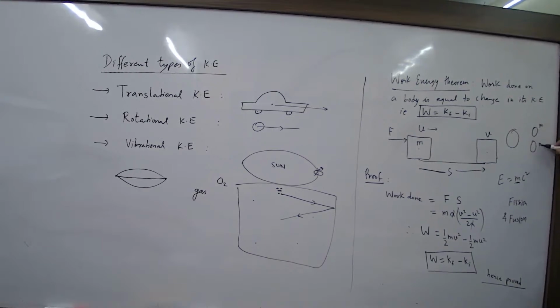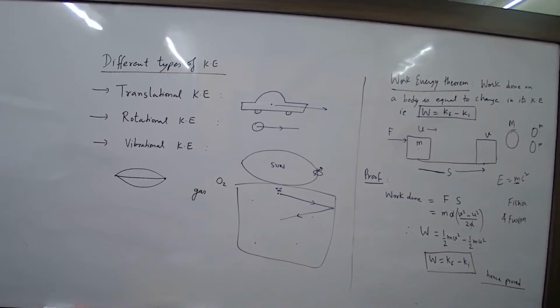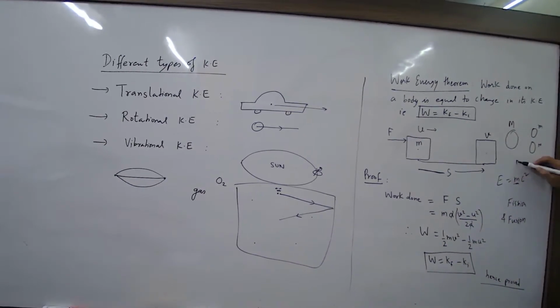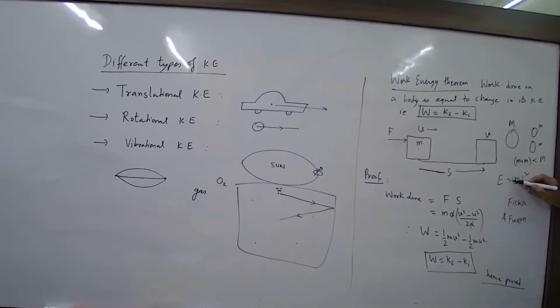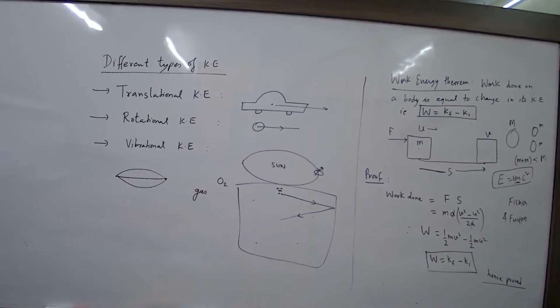That is, m1 plus m2 is less than M. So that mass difference is converted into energy as per this law. Whenever the process of fission takes place, the reduced mass appears as heat energy. In a nuclear reactor we can cause this fission reaction.